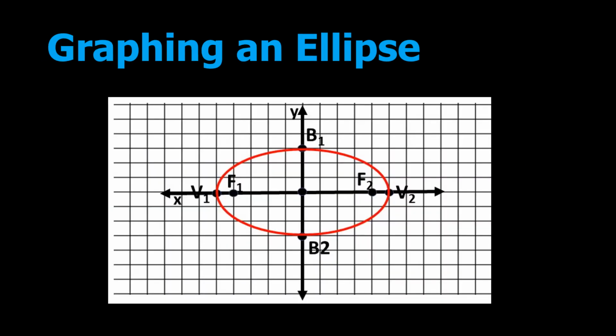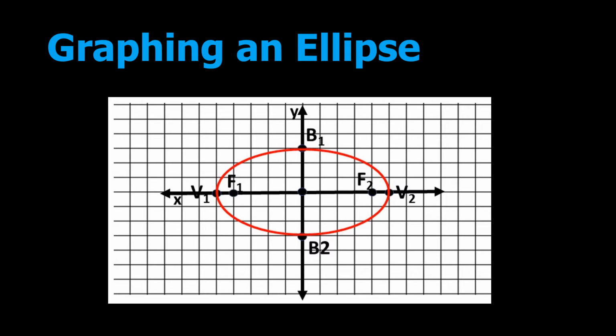Then we are now ready to sketch the graph on the Cartesian plane. So this is our y-axis, our x-axis, and the point of origin is the center. Counting 5 units from the center to the left and to the right, we have here v sub 1 or the vertex 1 and then vertex 2.